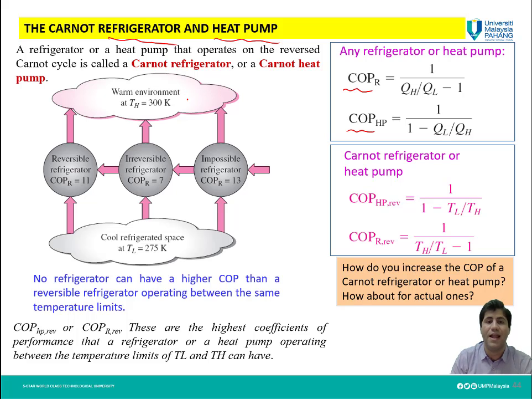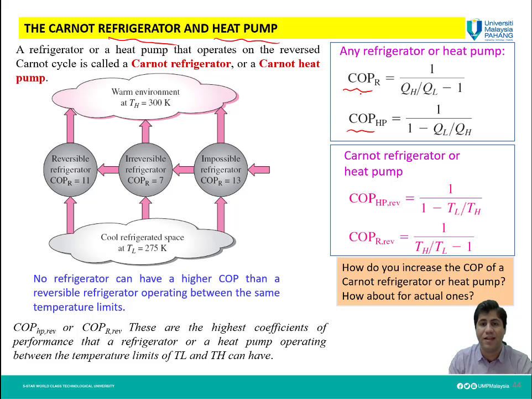And similar to the heat engine, we cannot have any refrigerator or heat pump which can have a higher coefficient of performance, or COP, than the COP which we have for the Carnot refrigerator or Carnot heat pump.